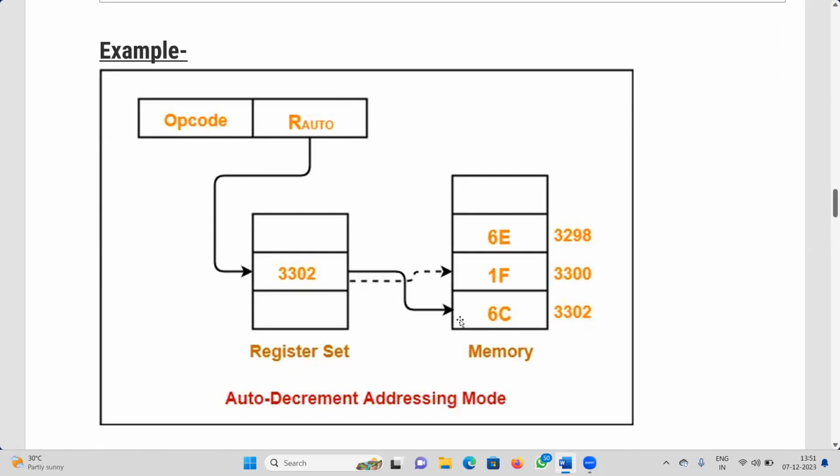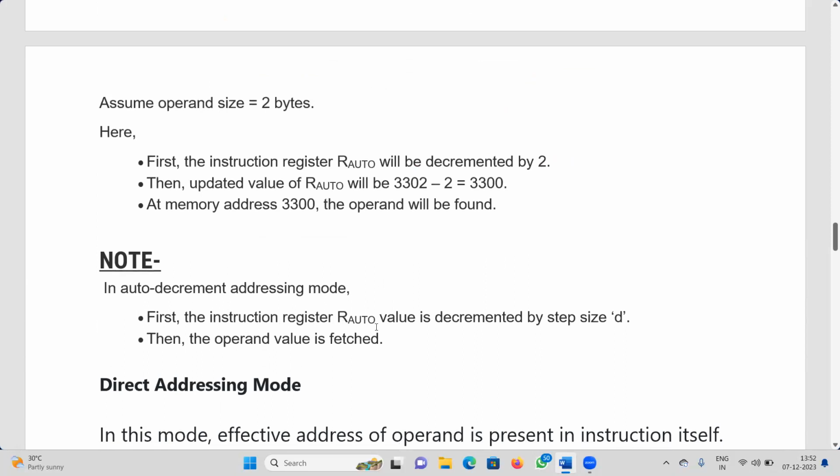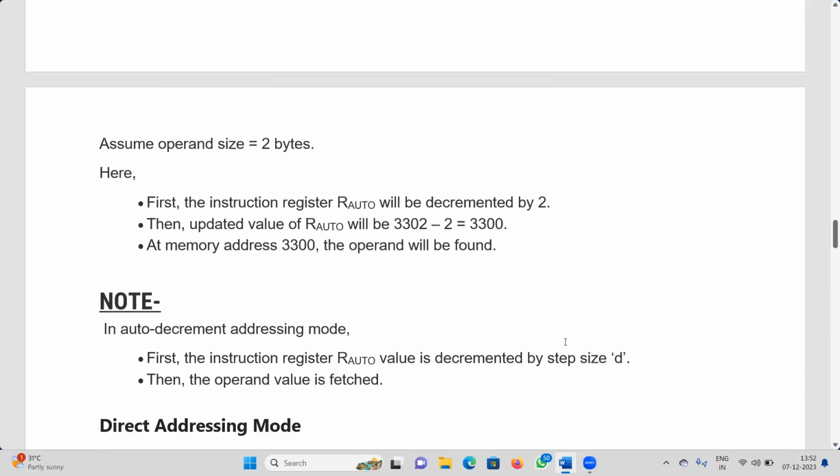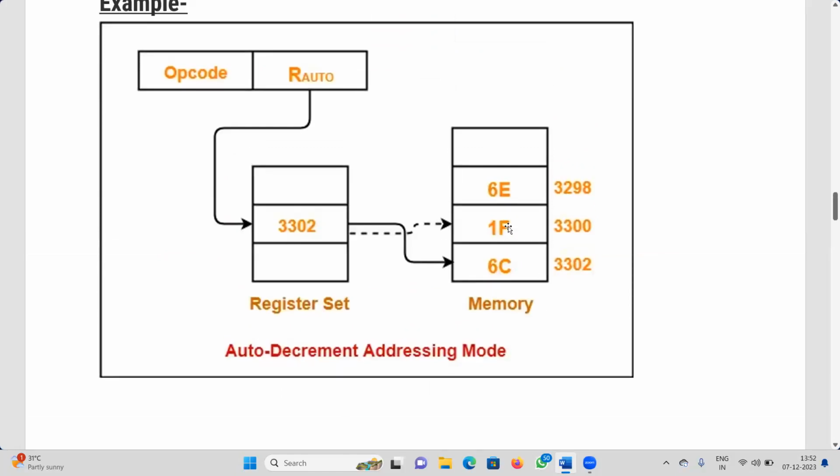That is, instead of 6C, it will access only the 1F, because this is the auto decrement addressing mode. First the register value is decremented by 2 bytes, that is the step size. Then the operand value is fetched. So here the operand is 1F, which is fetched after decrementing from the effective address.